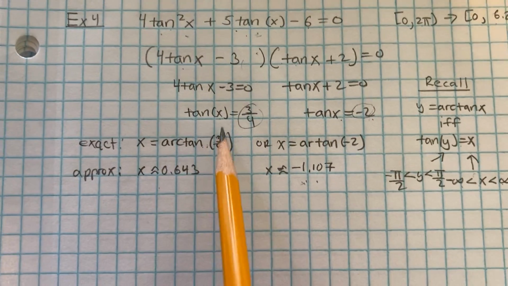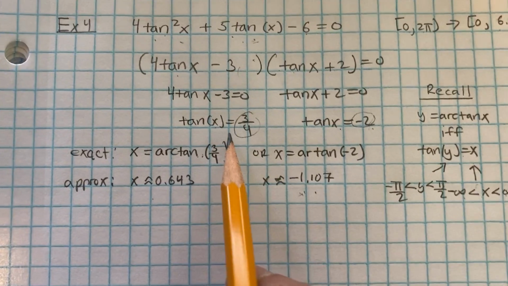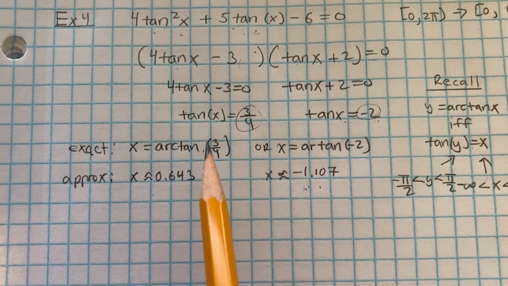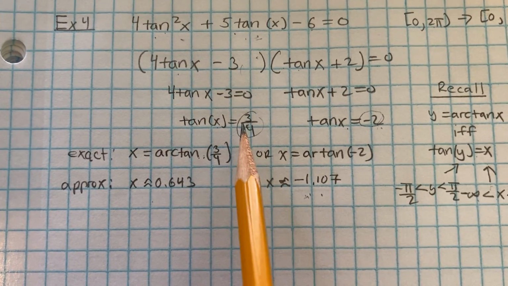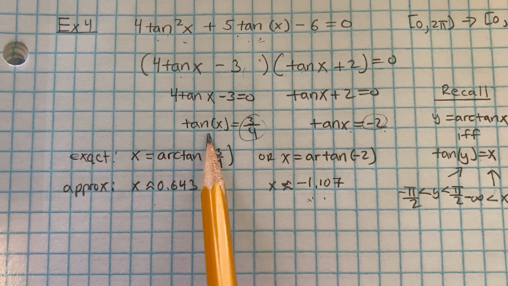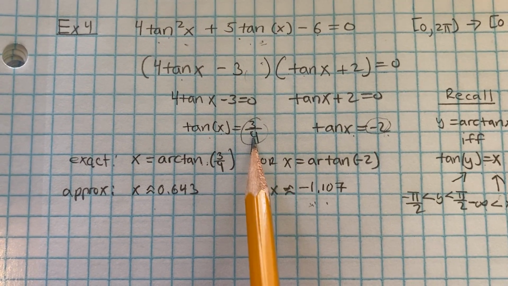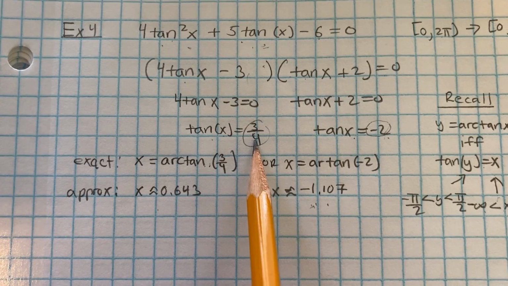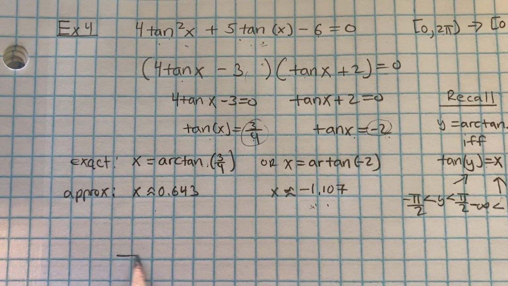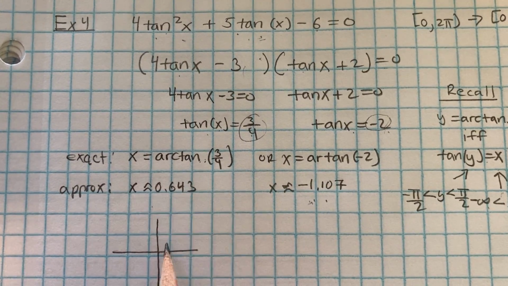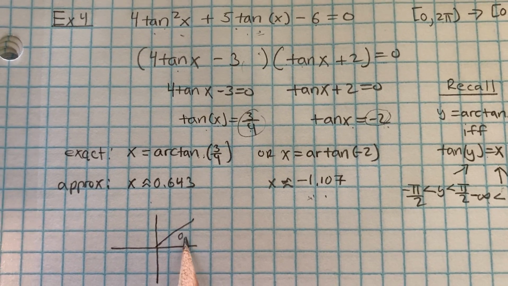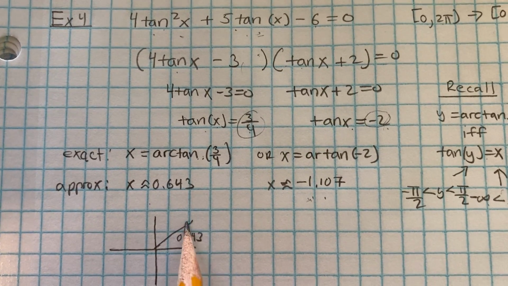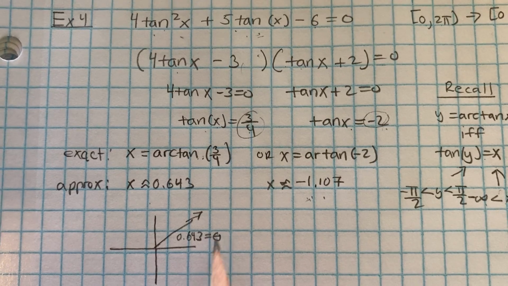Now, before we move on, this is where your calculator doesn't give you all the answers. You know by your knowledge of the unit circle that tangent is positive in quadrant 1 and quadrant 3. So let's draw this out here. Over here, this is about 0.643 radians. This is what I got for my theta.